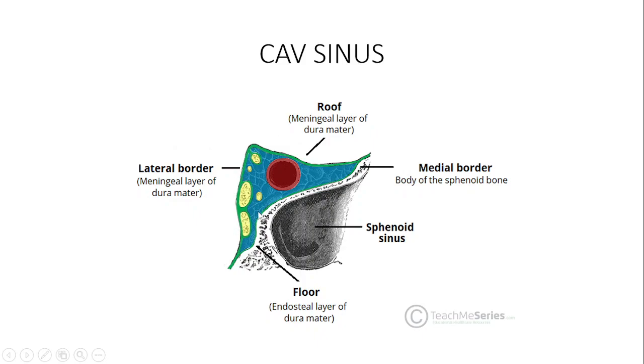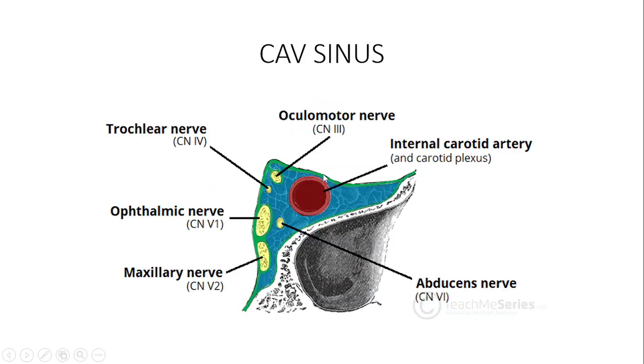Look at the various venous channels found within the cavernous sinus, with low flow blood within these valveless structures. In contrast, we have the internal carotid artery, which carries blood that runs faster and generates heat.